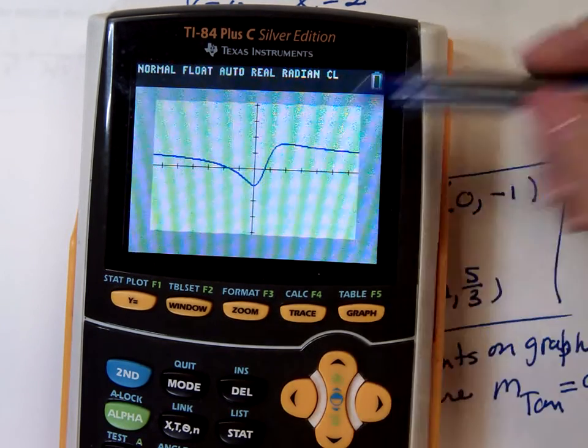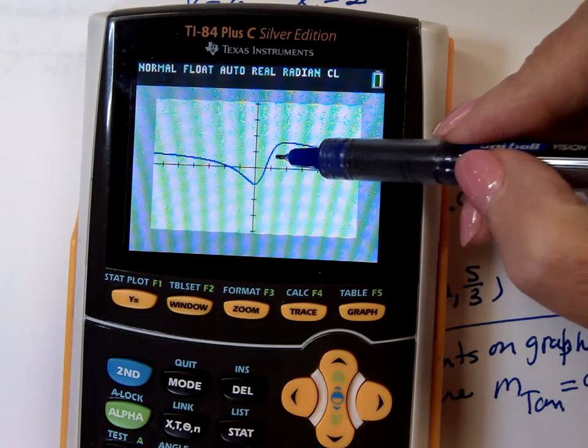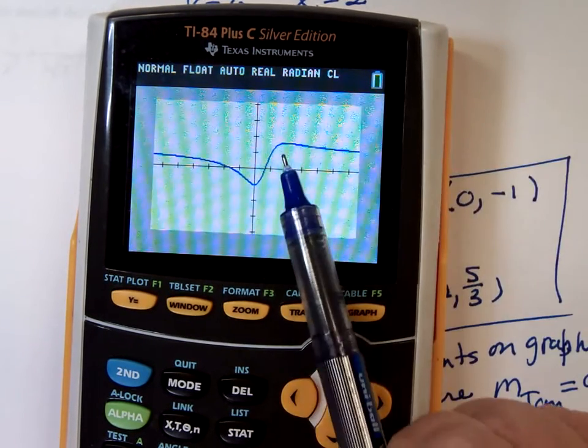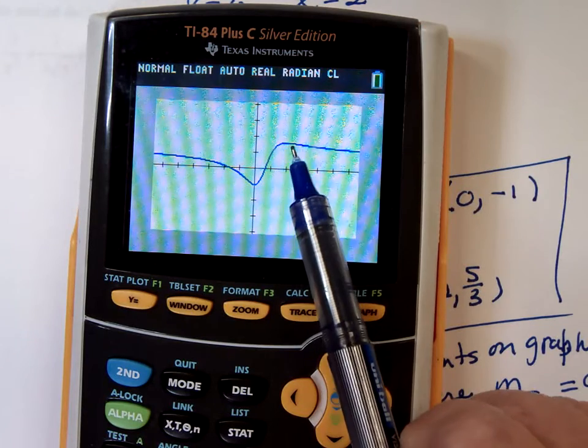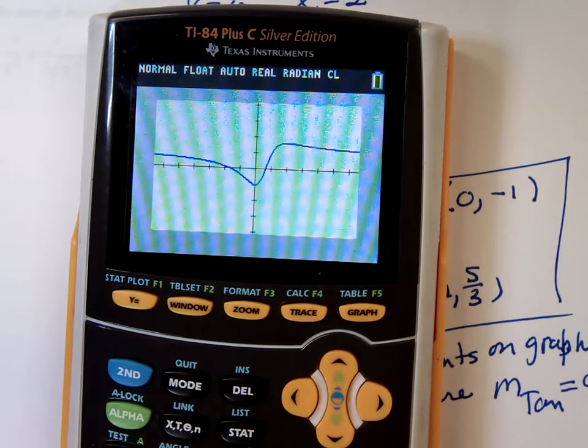And notice, it's very, very hard to see the fact that there is one right here. Because what happens? The graph goes up, and then it starts back down. The only way it can start back down is if it's got a maximum. But it's very gradual when it comes back down. It's very hard to actually see that hill.